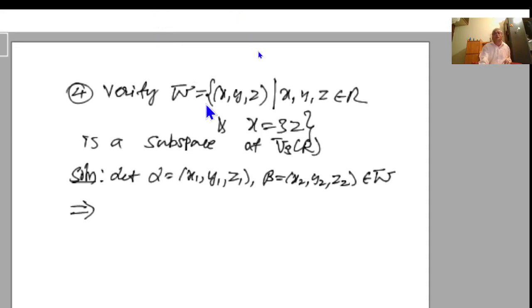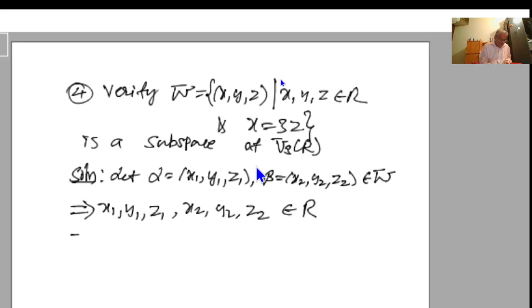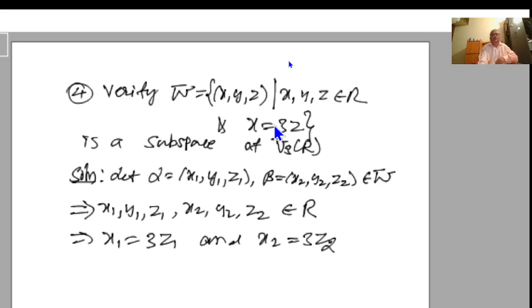By the definition of W, an element x, y, z belongs to W means x, y, z must be real numbers, and x equal to 3z, that is first element is equal to 3 times the third element. This implies x1, y1, z1 and x2, y2, z2 must belong to R. And the second condition must also be satisfied, that is x1 equal to 3z1 and x2 equal to 3z2, right?